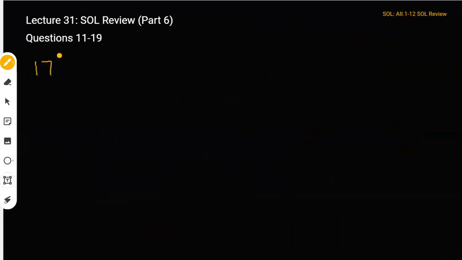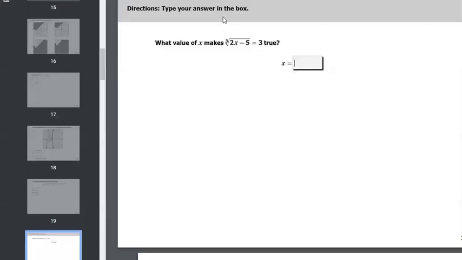Okay, let's look at 17. I've got the cube root of 2x minus 5, so that's going to look like this. And then on the other side, I'm going to have 3.